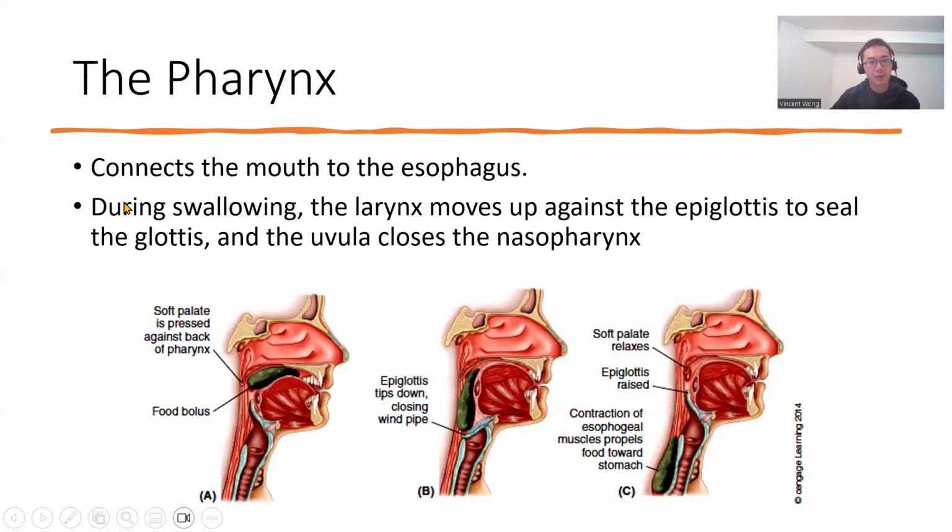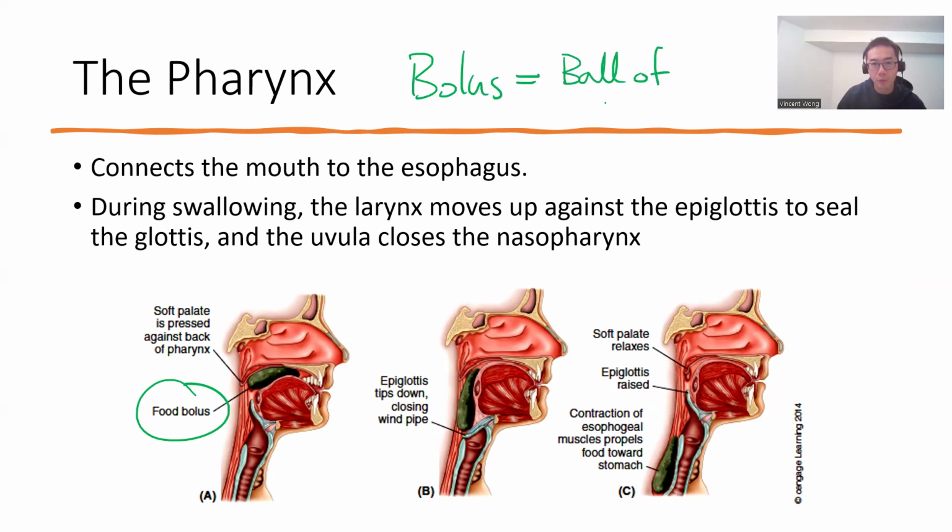Okay, when we do swallow, the tongue actually rolls the food into a ball, and the ball is called a bolus. Bolus is basically a ball of food. You push it back to the back of the throat. It triggers the swallowing reflex.